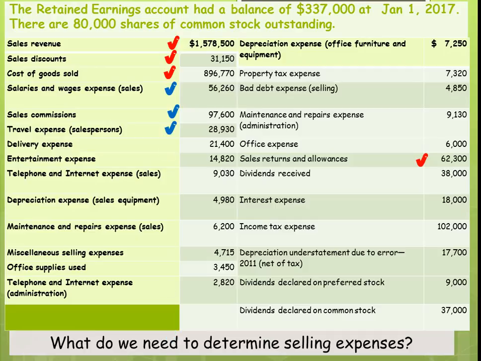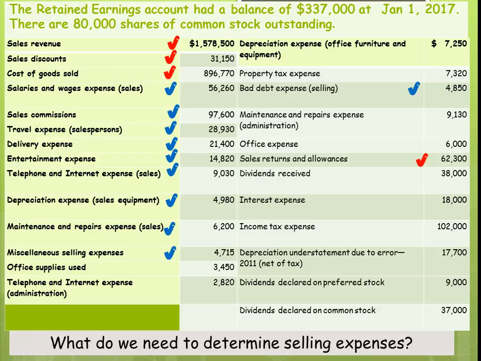Now, we would also include delivery expense because normally that's associated with the cost of selling the product. And entertainment usually has to do with entertaining people so they buy the product. We have telephone, we have depreciation, we have maintenance, we have miscellaneous. And when we go to the column on the right, we also have bad debt expense.